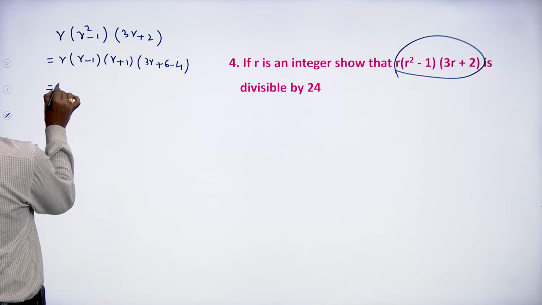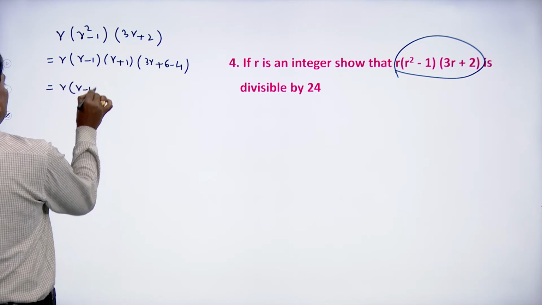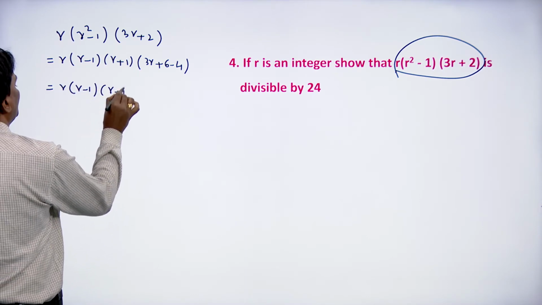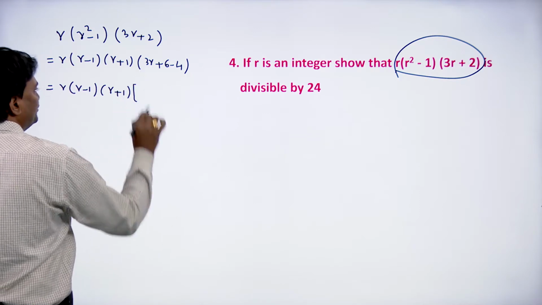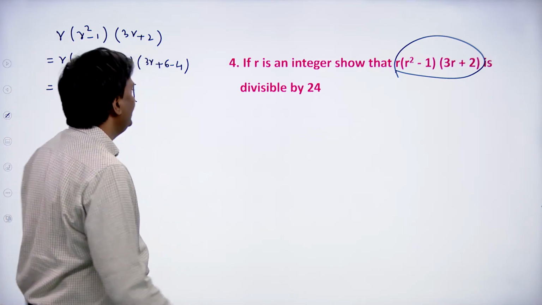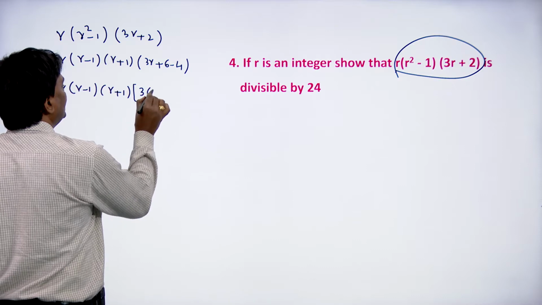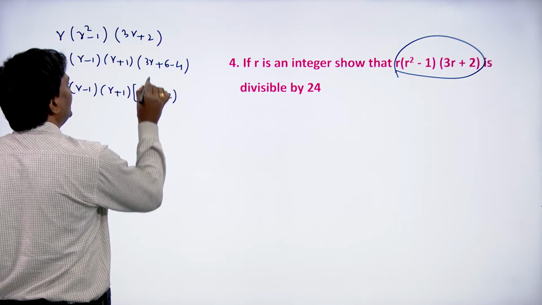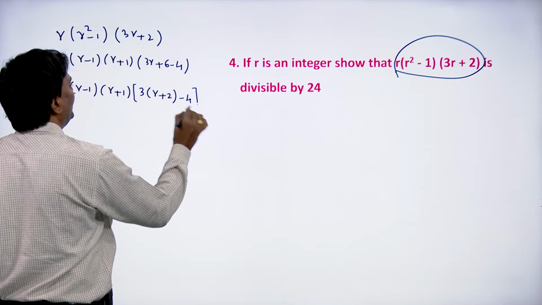So, from this we can write r into r minus 1 into r plus 1 into, from 3r plus 6 we can take 3 as common, giving 3 of r plus 2 minus 4.